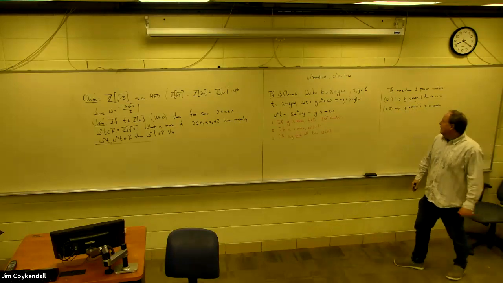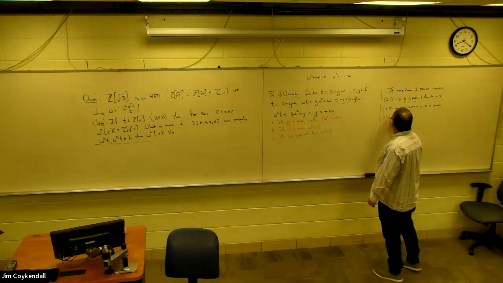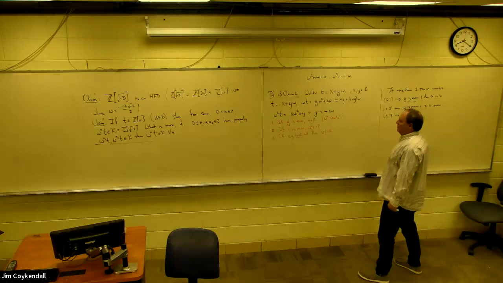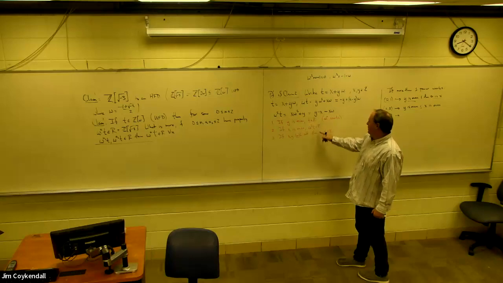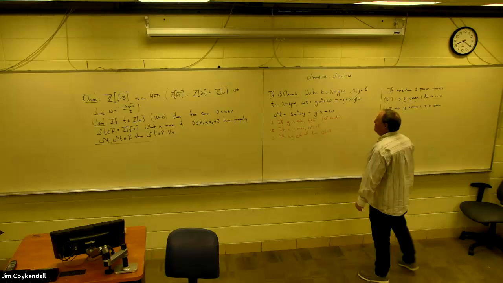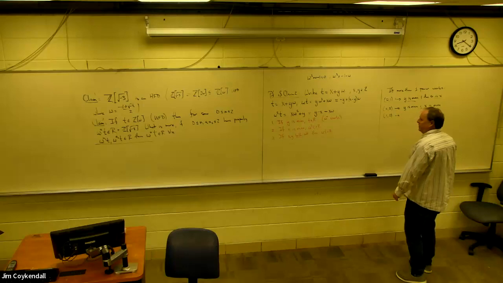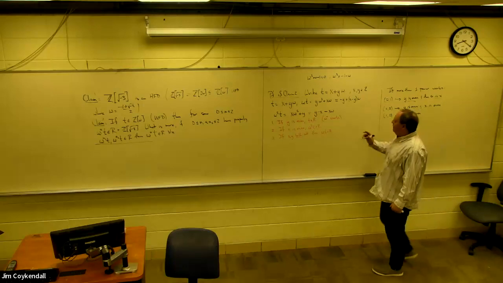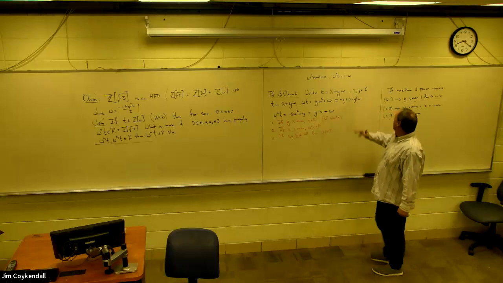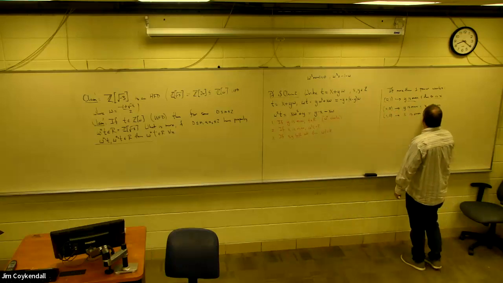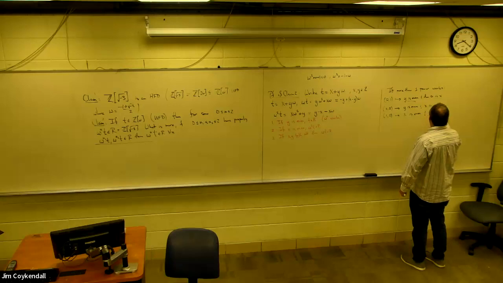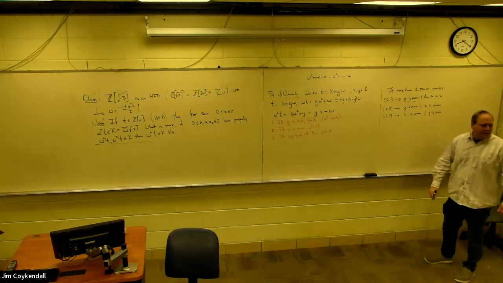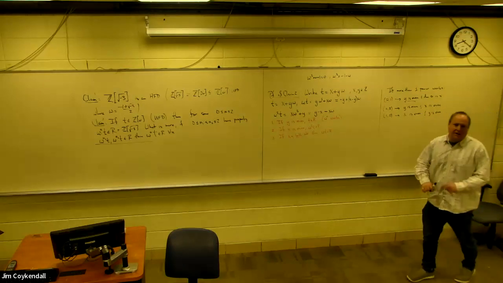Agreed. And the final case is for 1 and 2 to work. For 2 to work, x is even. And for 1 to work, x and y both have to have the same parity. And therefore they all work.